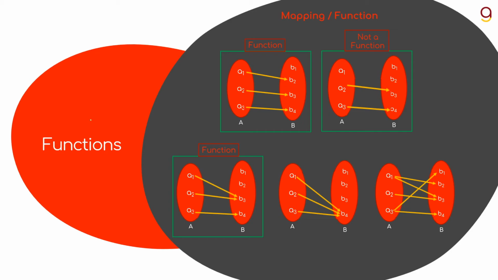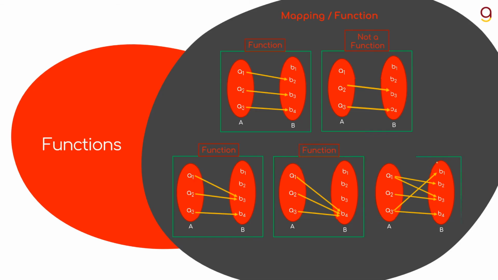Now let's check the next arrow diagram. Here, each of A1, A2 and A3 has a unique image B4. Yes? Thus, as each element of A has a unique image in B, the given arrow diagram represents a function.